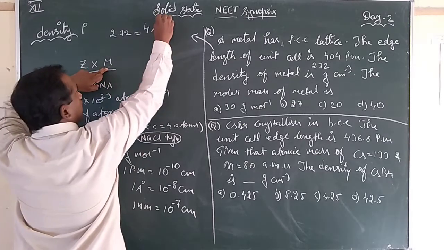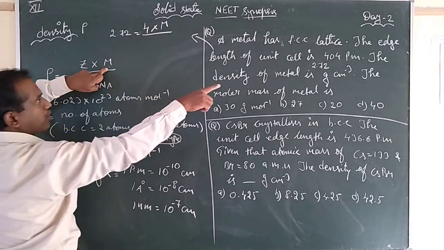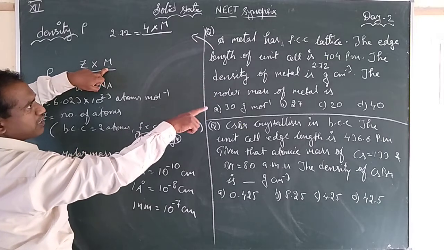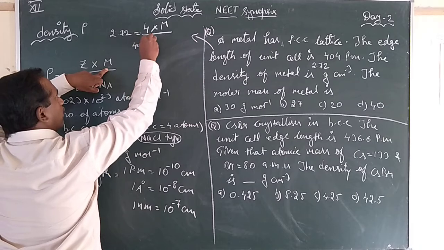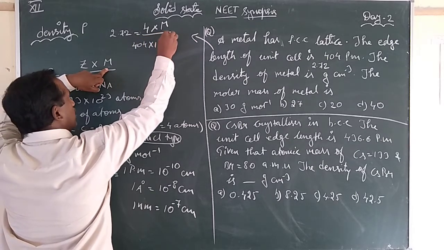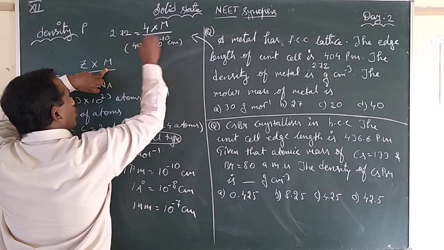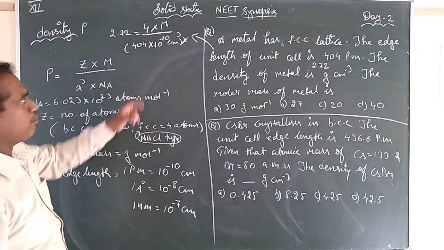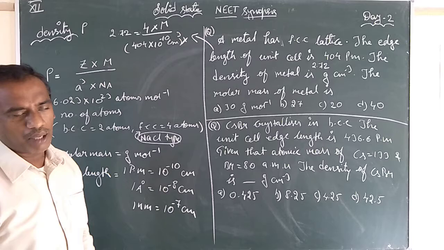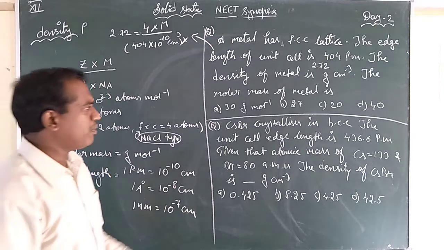They didn't give the molar mass, but the edge length is given: 404 picometers. So 404 into 10 to the power minus 10, whole cube, into the Avogadro number. You must multiply the Avogadro number. You know how to calculate the molar mass. So please work on this problem.